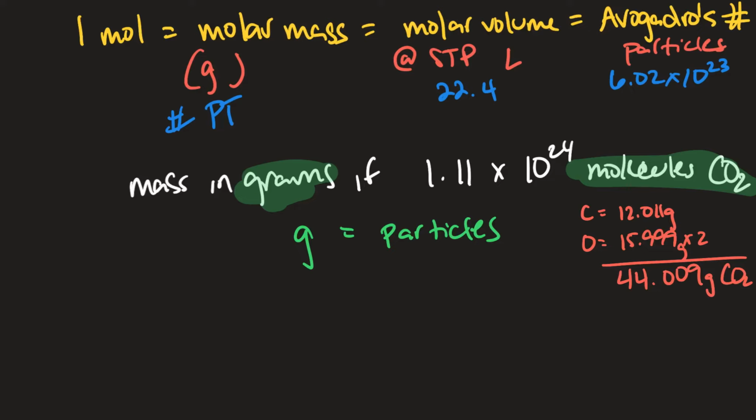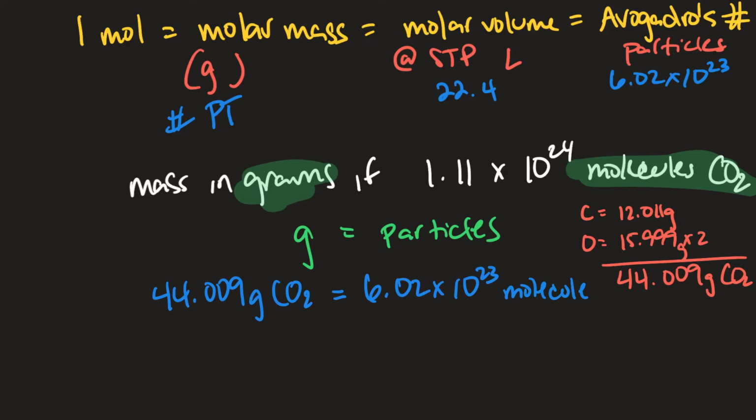So the equivalent statement that we're going to use for this problem is 44.009 grams of CO2 equals 6.02 times 10 to the 23rd molecules of CO2. So once again, guys, please write your units, okay?